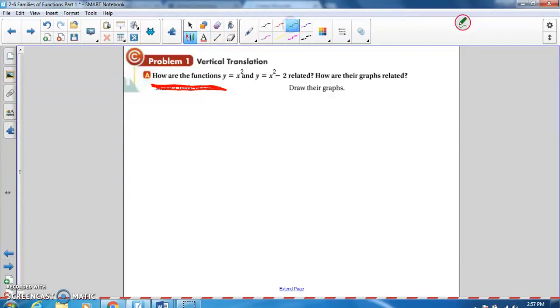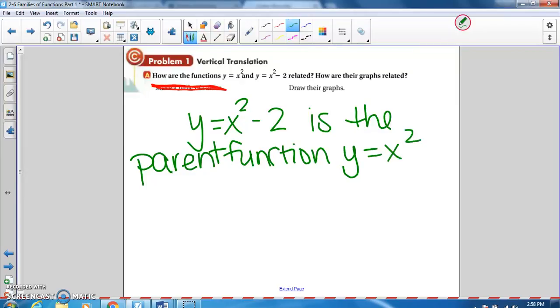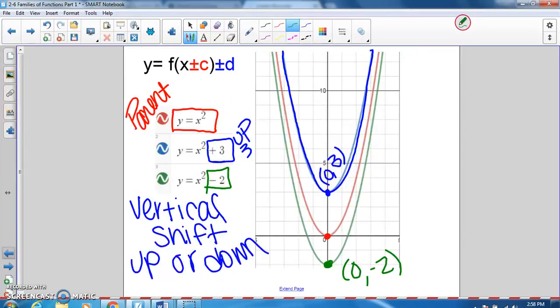So the relationship between these two is y is equal to x squared minus 2 is the parent function y is equal to x squared moved down 2 units. And we can see that in our graphs before.